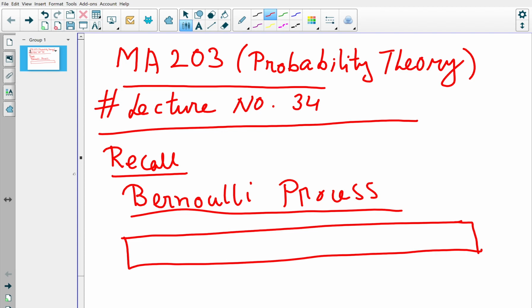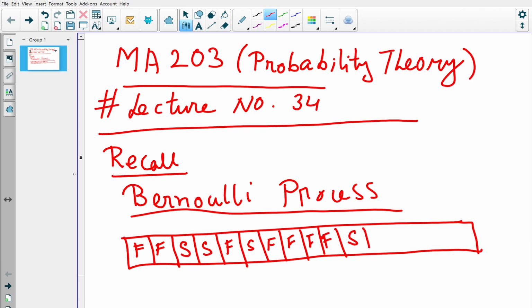Given a Bernoulli process, you have this kind of discrete time interval. Suppose you have a failure, which is not an arrival, and then a success, which is an arrival, and then again an arrival, then a failure, then an arrival, then a failure, and then again a success, meaning arrival, like that.